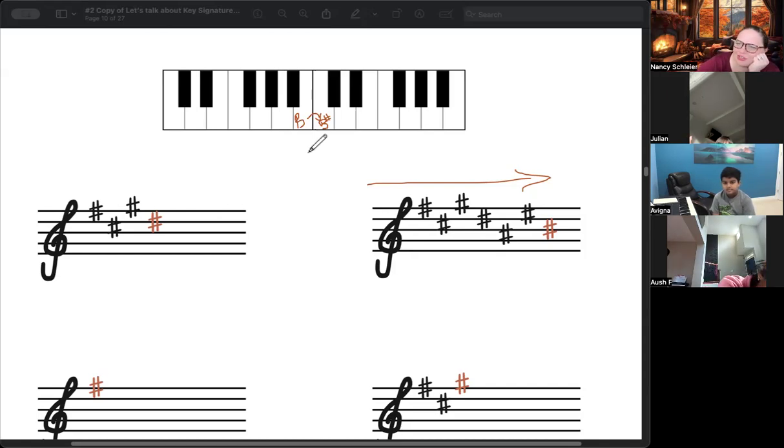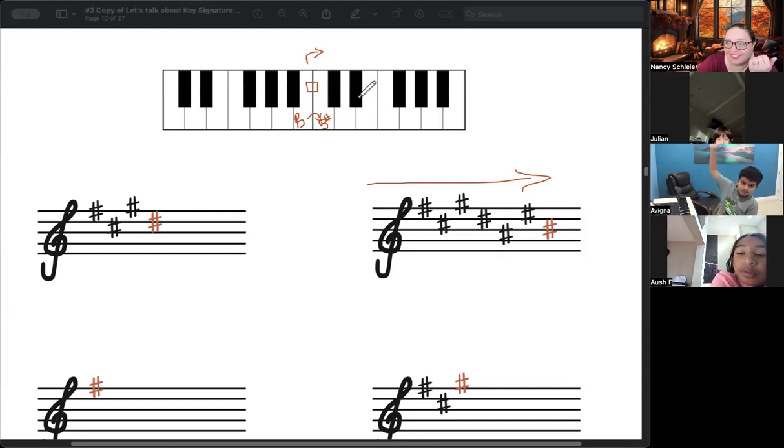Julian? Because the sharp is one half step up, or to the right on the keyboard, and it technically is still B sharp. Arya, do you have an idea?